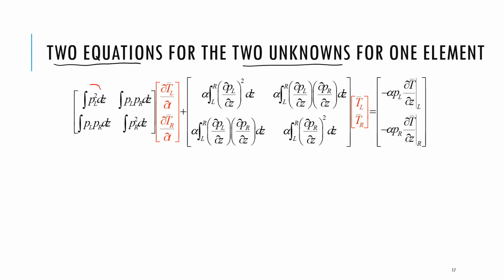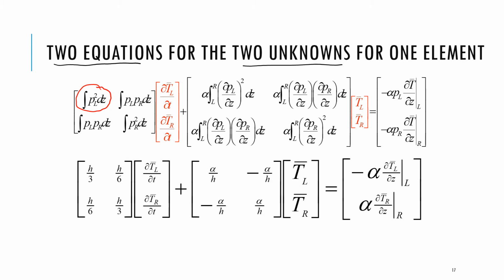If we integrated these out, the two equations would look like this. You see, these things are known. H is my R minus L, the distance between the nodes that I choose. And alpha is the thermal diffusivity, a parameter that's given. So all of this stuff is known.